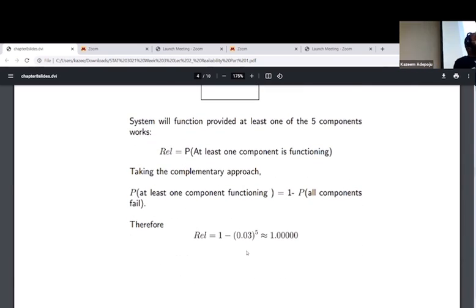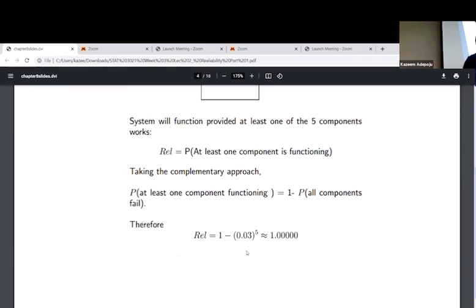I told you that with a parallel connection, if at least one component is working, the whole system will be working. I think you know that for parallel connection. That is the reason why the probability of at least one component functioning is equal to 1 minus the probability that all components fail. Why do I get that?